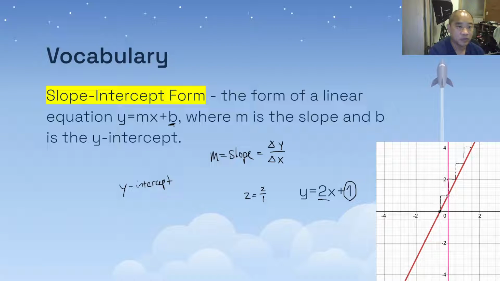Can we do that? Oh, wait, maybe we can. Oh, yes, here we go. Where does this cross the y-axis? Right here at 1. See, here's 1, here's 2, 3, 4. It crosses at 1, and that's right there.